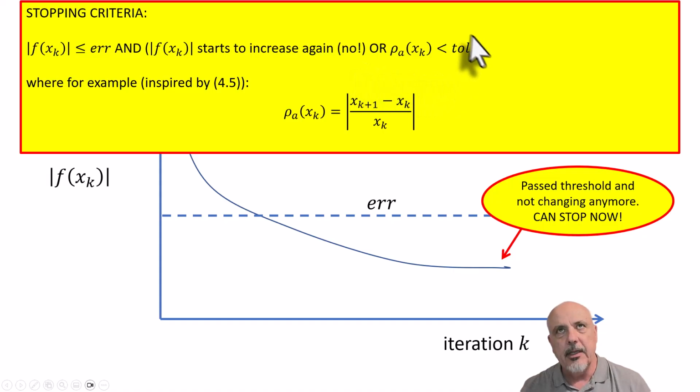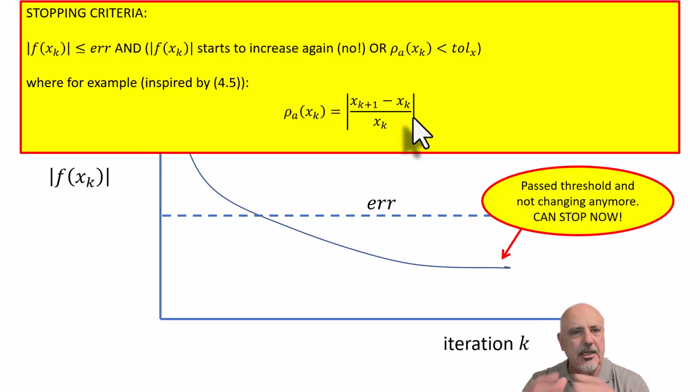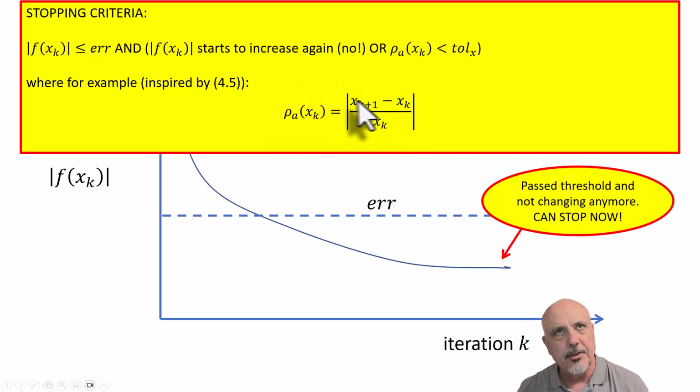But typically what I'll do is check this tolerance here. What this says is that your x values aren't really changing. There's no sense in continuing to iterate if your x just never moves, right? So that's what this is saying: the x of the current one subtracted from the next x, absolute value of that, divided by the current x.